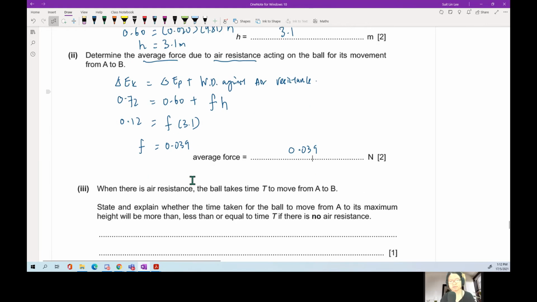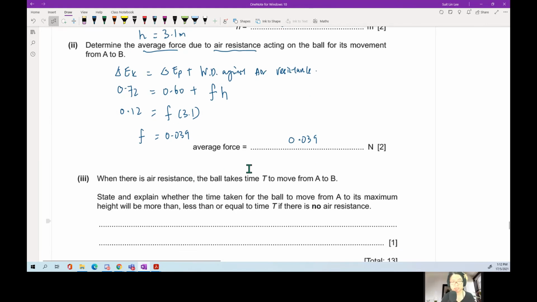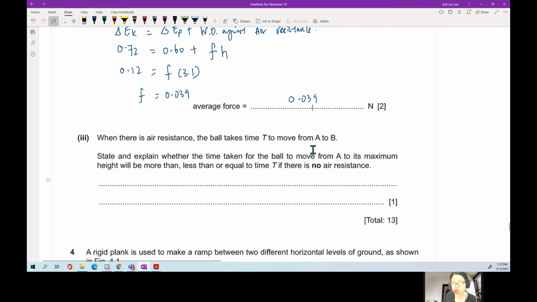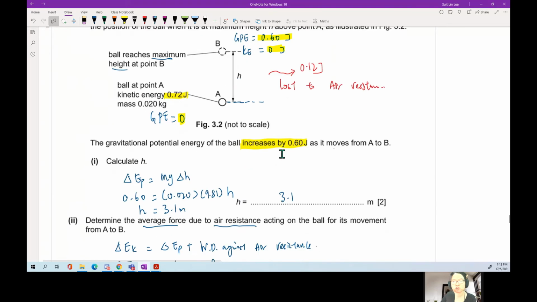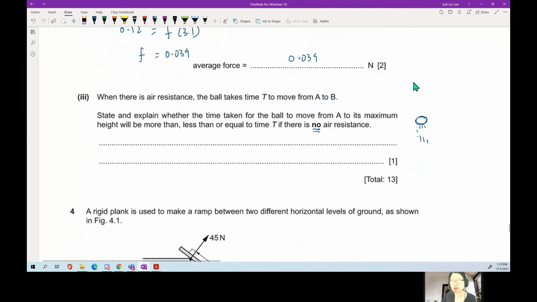When there is air resistance, the ball takes time t to move from A to B. State and explain whether the time taken for the ball to move from A to its maximum height will be more than or less than t if there is no air resistance. If there's no air resistance, when your ball is moving up, what are the forces trying to slow the ball down?